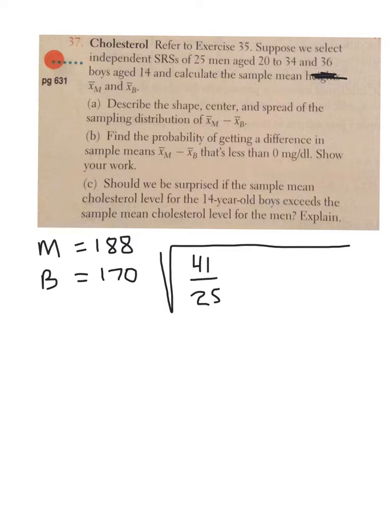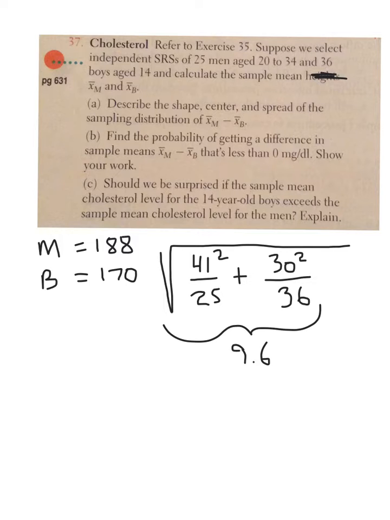We're going to square that. And then the cholesterol for the boys was 30, and we're going to square that. And how many boys did they take? 36 boys. So that's really the only difference here. We have to calculate this new standard deviation. This gives us a standard deviation of 9.6.